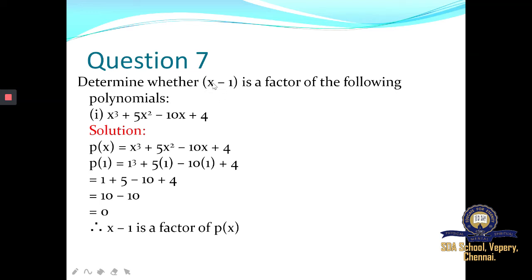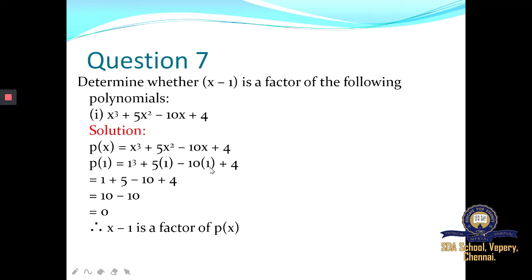1 cube plus 5 into 1 square minus 10 into 1 plus 4. Again, 1 raised to any power is 1 only, so I write it as 1. Then 5 into 1 is 5, minus 10 into 1 is 10, and then plus 4. Then I get 10 minus 10, I get the answer as 0.